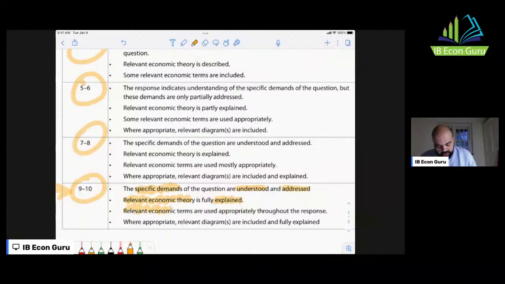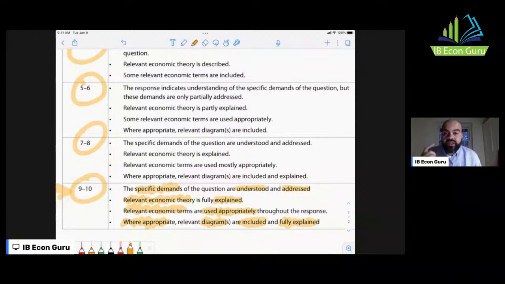Relevant economic terms are used appropriately throughout the response. You don't actually need to define key terms, but you need to use the relevant key terms appropriately throughout the response. And then where appropriate, relevant diagram or diagrams are included. You have drawn the relevant diagram or diagrams, and you have fully explained them.